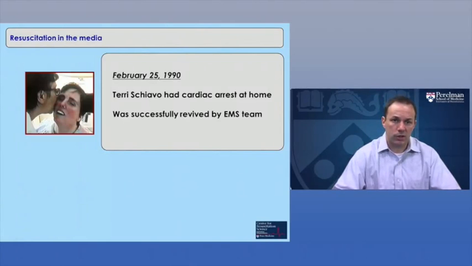And much to her family's pain and suffering, I believe, her case was bandied about in Congress and in the media. There were questions about whether she was truly brain dead and whether life care should be withdrawn. What was a very private matter, unfortunately, became a very public matter. And eventually, care was withdrawn for her, and she passed away.